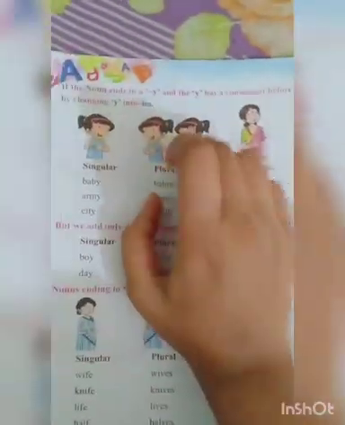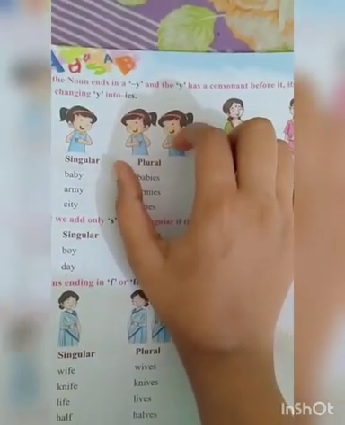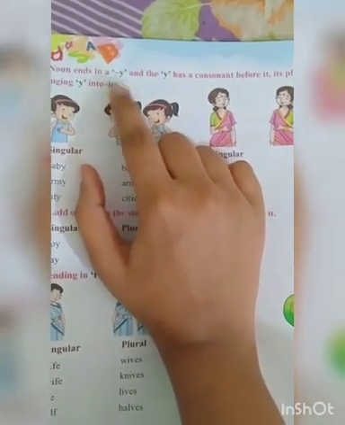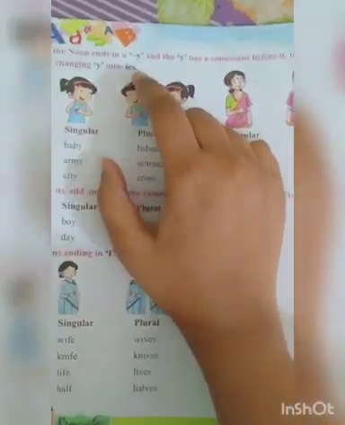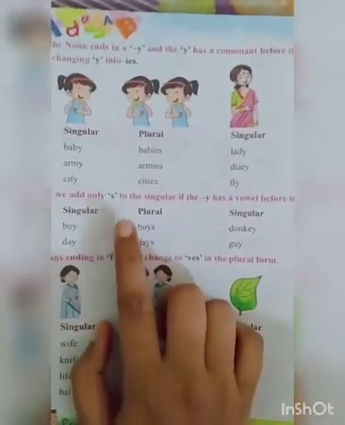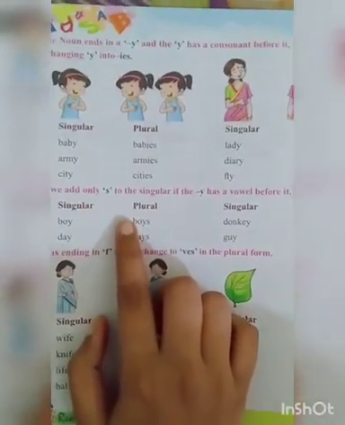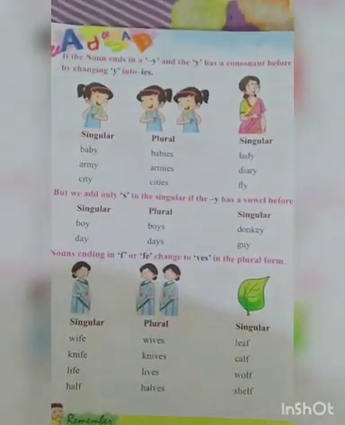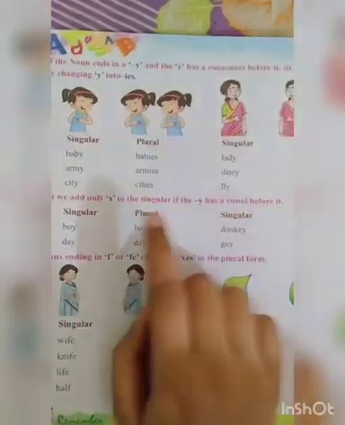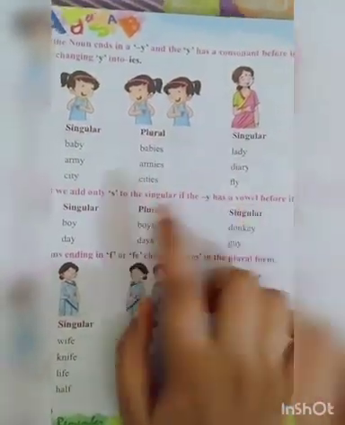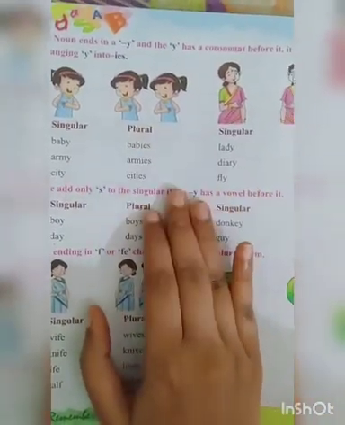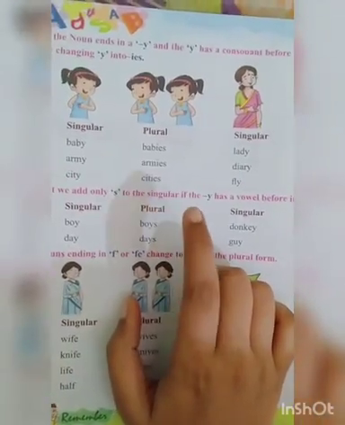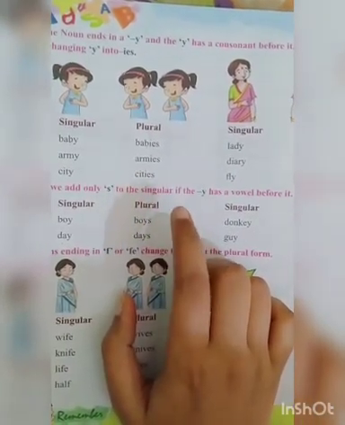Here children, for a word ending with y, if before y we have a consonant, we change it into IES in the plural form. But if the word is ending with y and before y there is a vowel, first tell me what the letters under vowel are. Yes, A E I O U. So when a vowel comes before y, in the plural form we only put s.